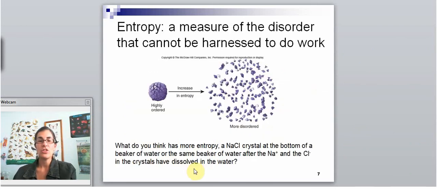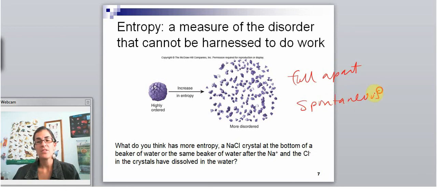So what would that look like? We have something that's very highly ordered. An increase in entropy is when we have less order. And again, this is hopefully fairly intuitive because I always say things fall apart on their own. So this is a spontaneous process. It happens on its own because of the laws of thermodynamics.